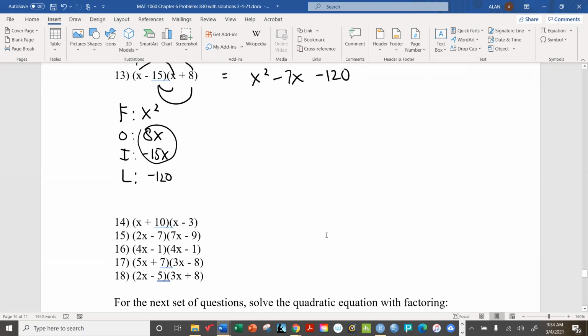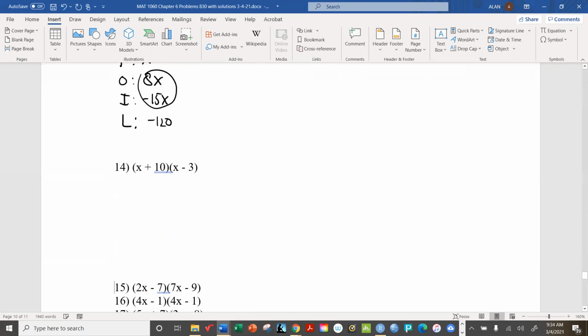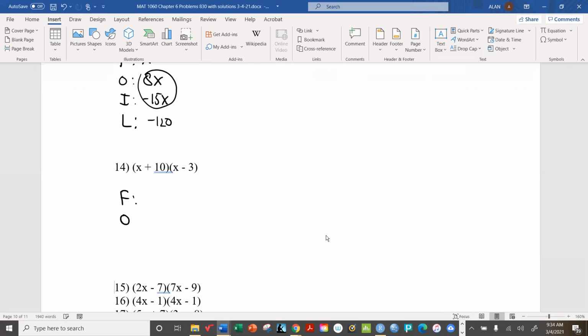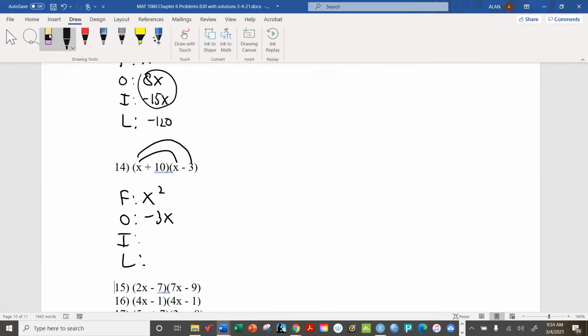They're all the same, of course. We have F, O, I, and L: x squared minus 3x plus 10x minus 30.